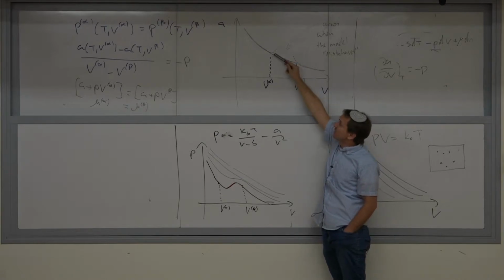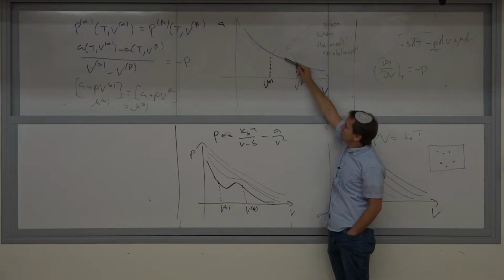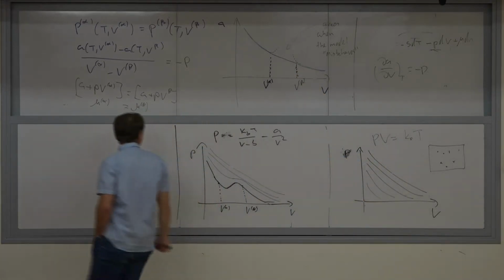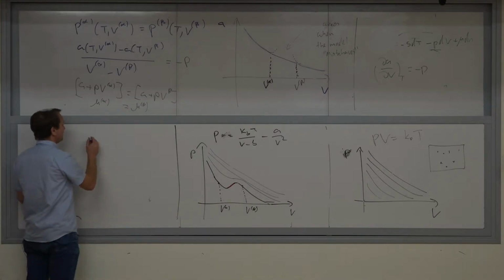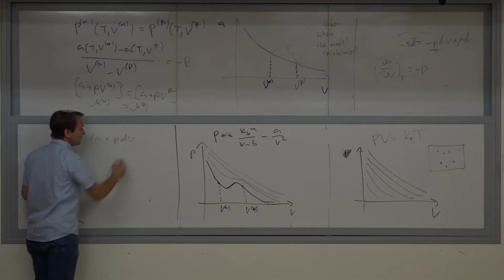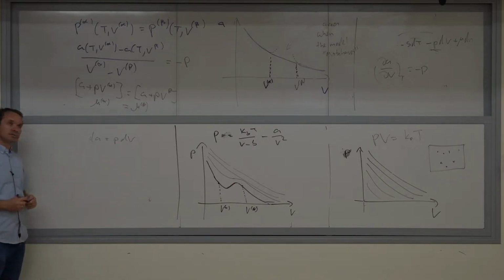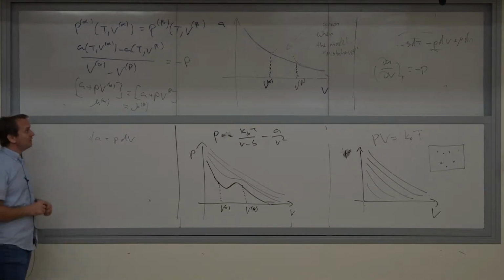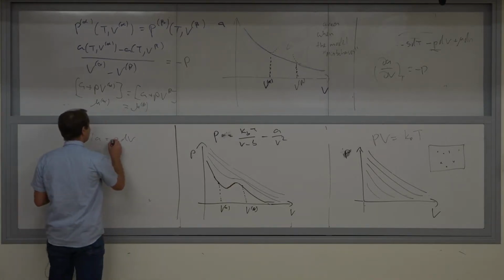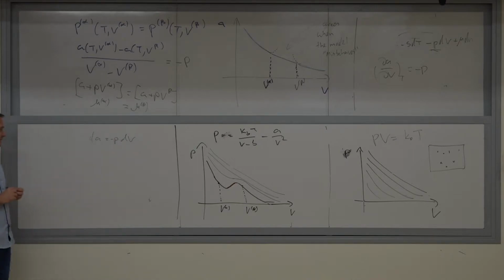Here the slope is minus P, and here it's minus P. But remember that dA equals, P dV or minus P dV? Minus P dV.